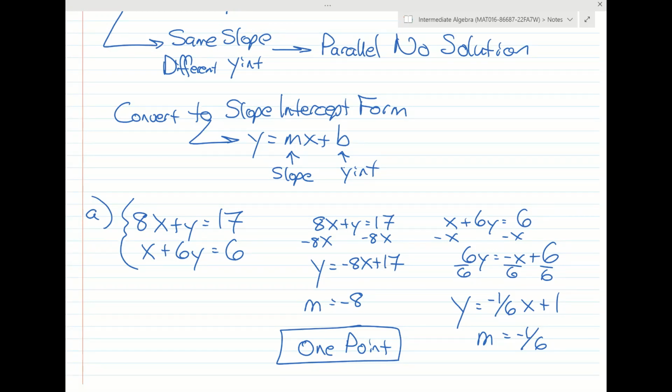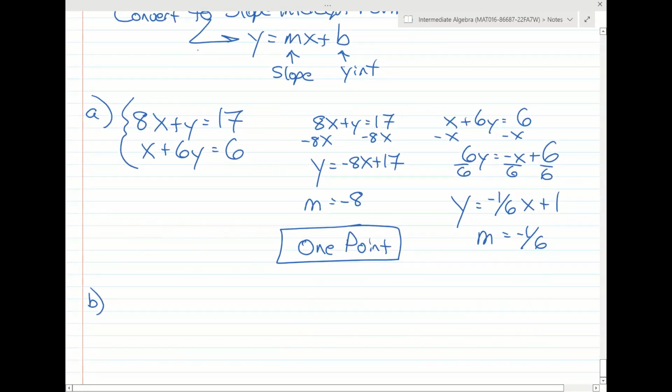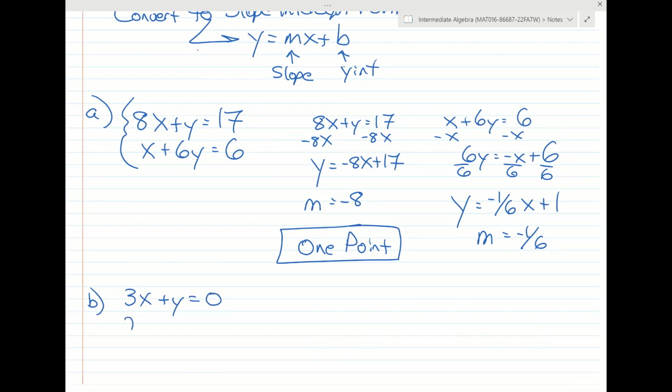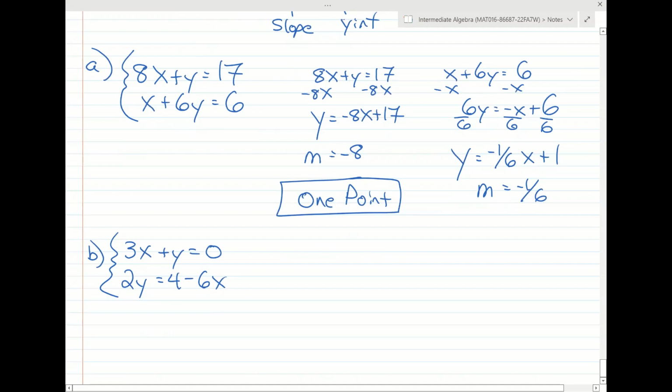One more. What if we just had 3x plus y is 0 and 2y is equal to 4 minus 6x? Let's take 3x plus y is 0.